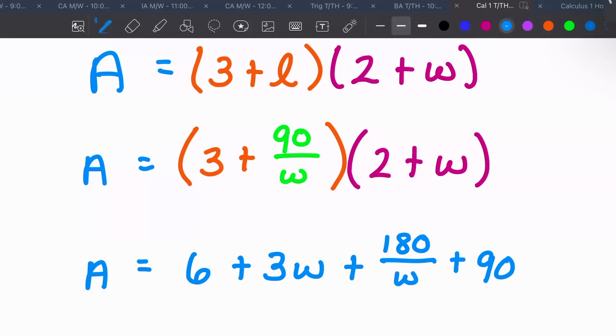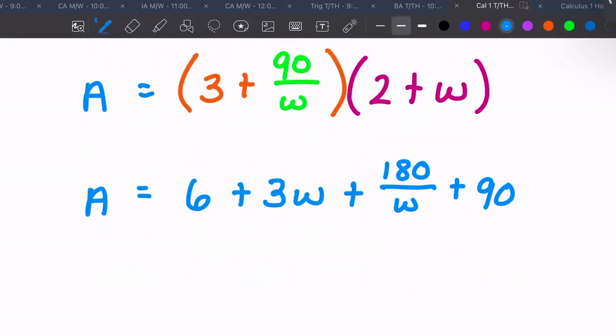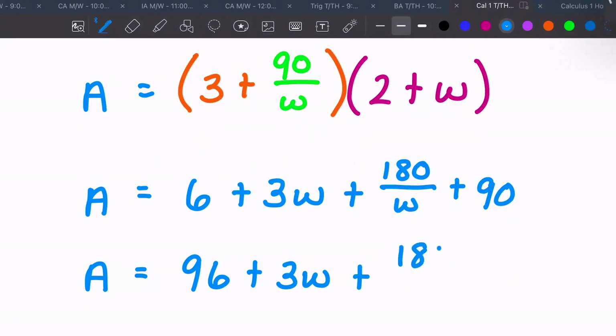So we would do 90 over W times W. So W over W, you mark it out, you get 90. Everybody okay with that? Okay. So we can clean up a little bit and get 96 plus 3W plus 180 over W.